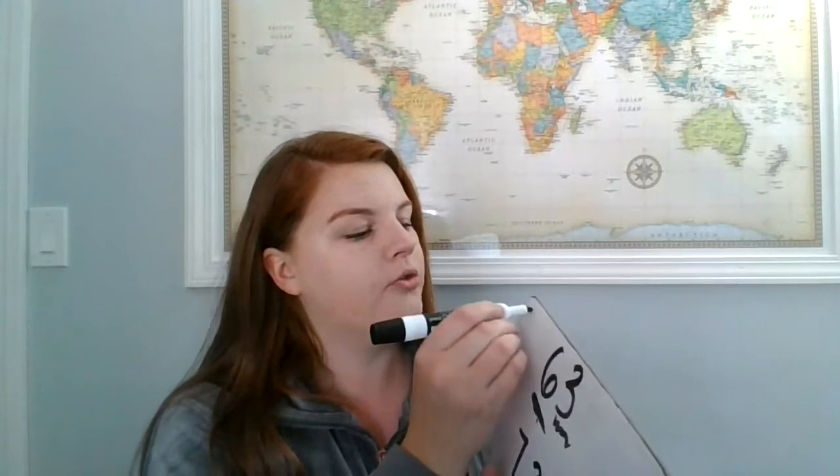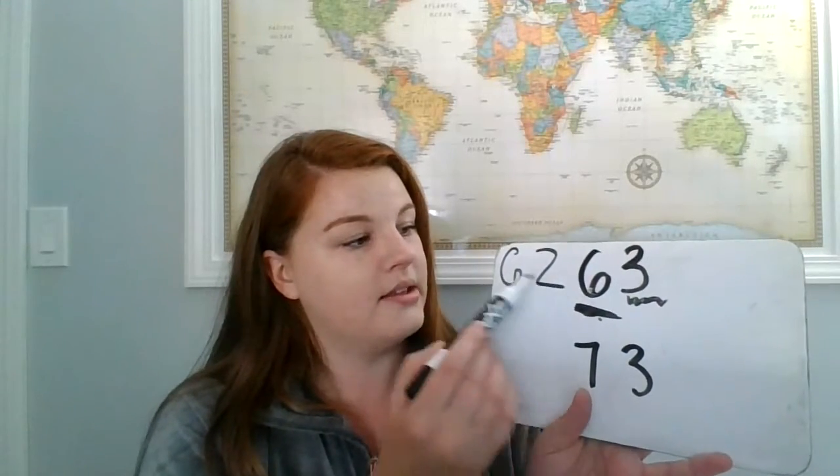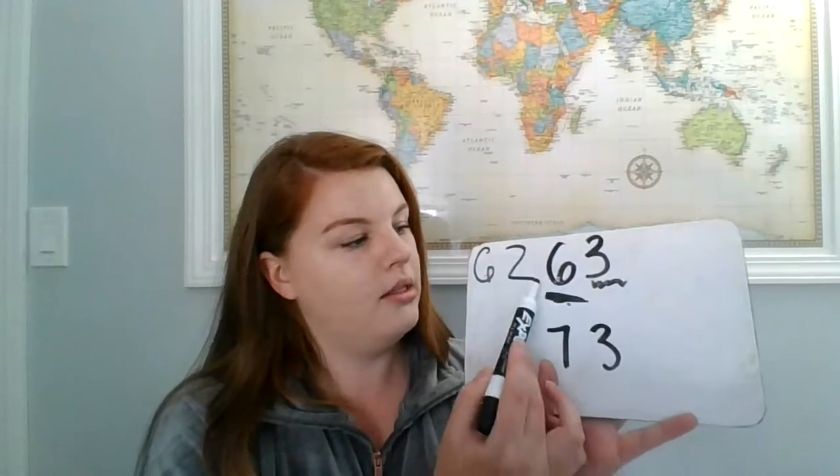If you subtracted 1 from 63, you would get 62. The 6 tens stayed the same, but the ones digit went from a 3 down to a 2 because we took 1 away.